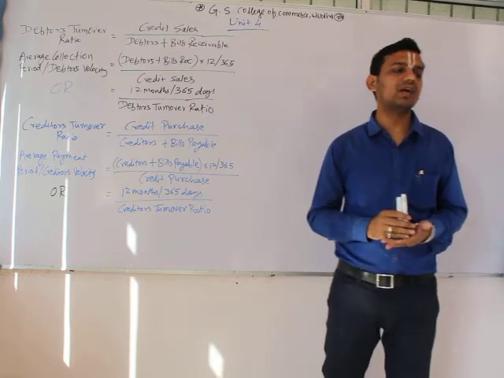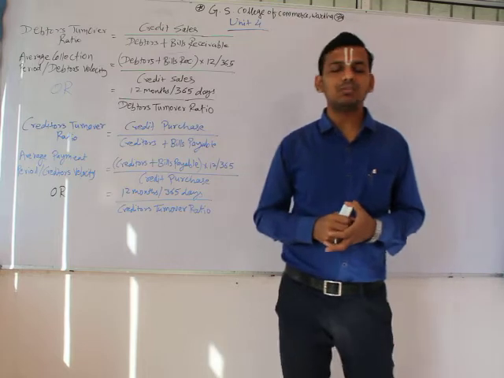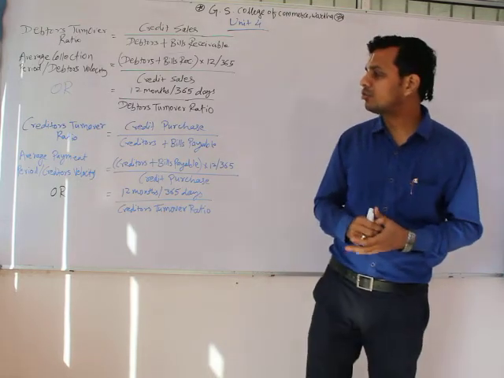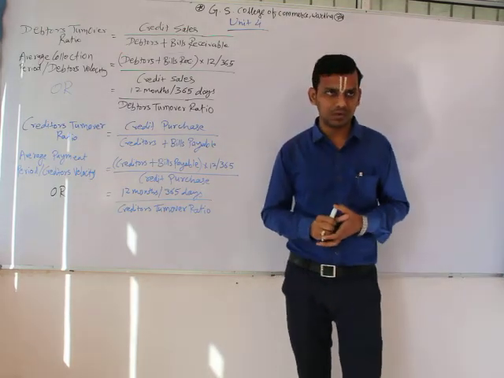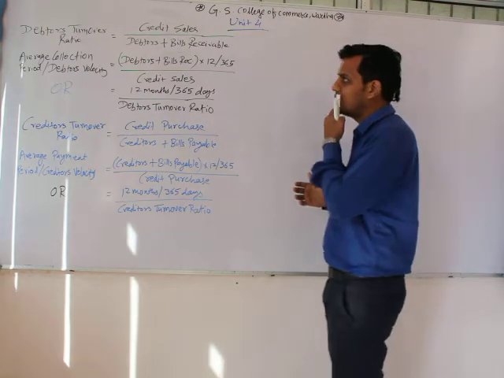The question says that we have to calculate debtors turnover ratio, average collection period, creditors turnover ratio and average payment period. Before going there, we would first of all see what is debtors turnover ratio.